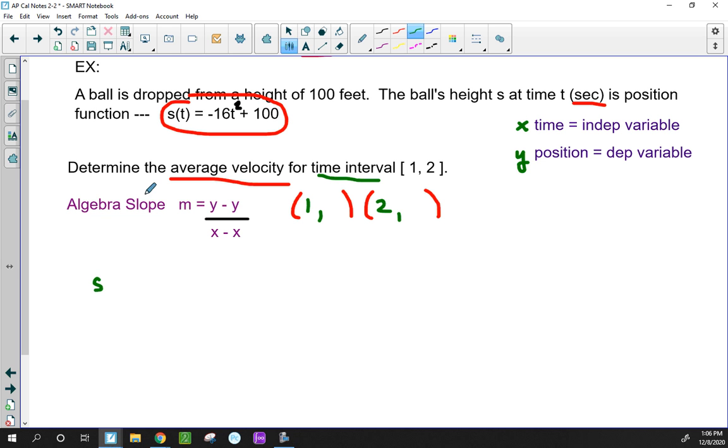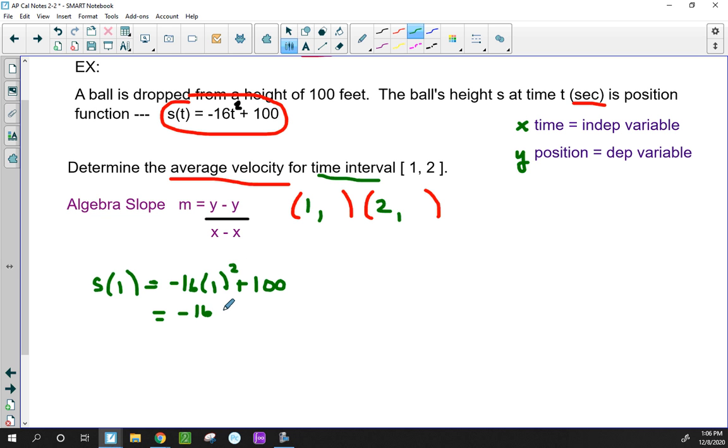I'm going to go back to my function, and where I see t, I'm going to put 1 in its place. And we get negative 16 times 1 squared plus 100. And that's going to be PEMDAS, 1 times negative 16.